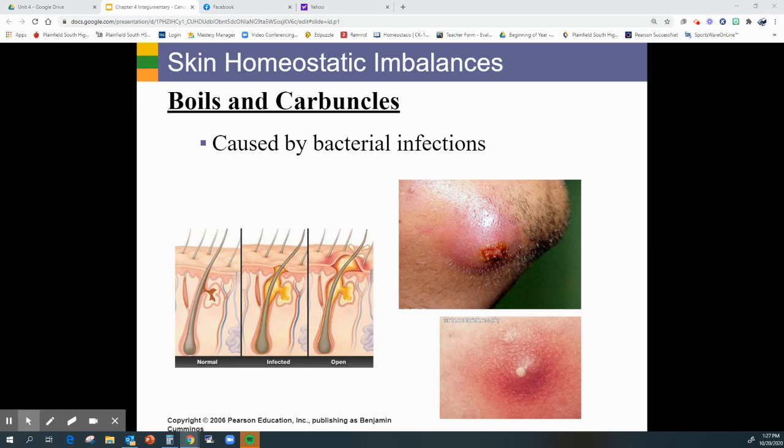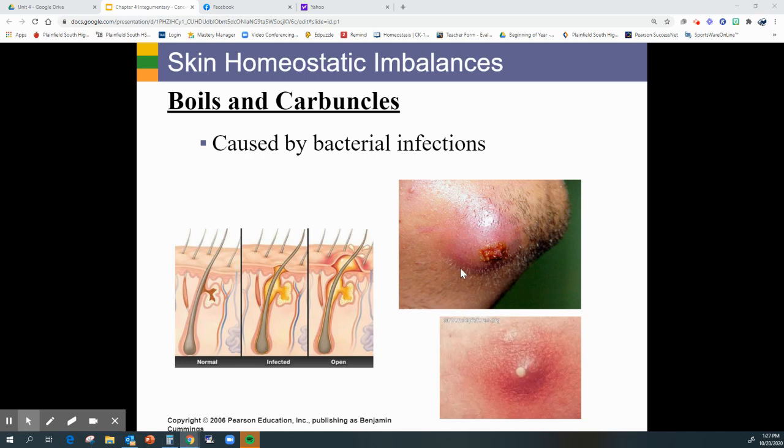Okay. Another one we can get is what's referred to as a boil or sometimes a carbuncle. This is a bacterial infection, and this one is usually associated with a hair follicle. So dirt and debris gets left on the skin. That gets down into the hair follicle and then affects the sweat gland or oil gland directly associated with the hair follicle.